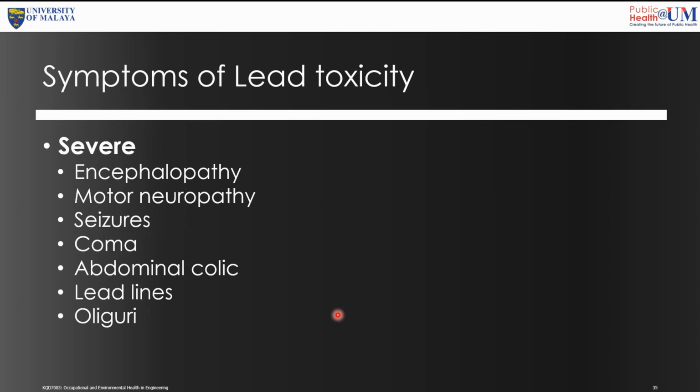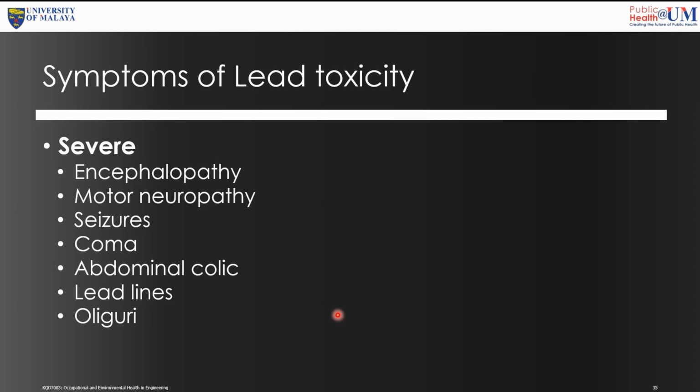And in severe cases, you can have encephalopathy. Encephalopathy is basically inflammation of the brain, and it causes motor neuropathy, which is weakness of the motor muscles, seizures, coma, and abdominal colic.